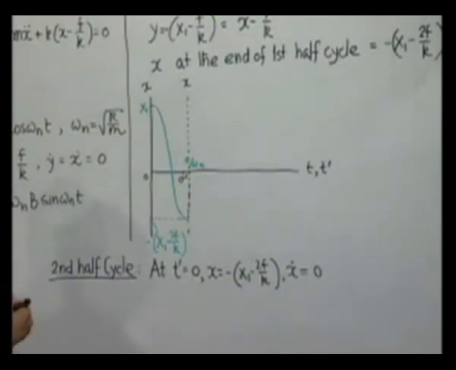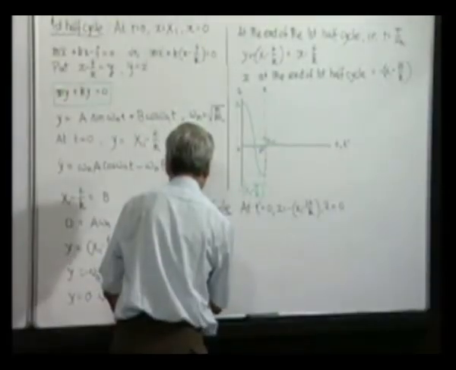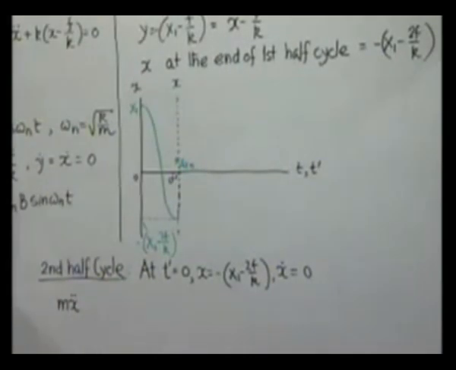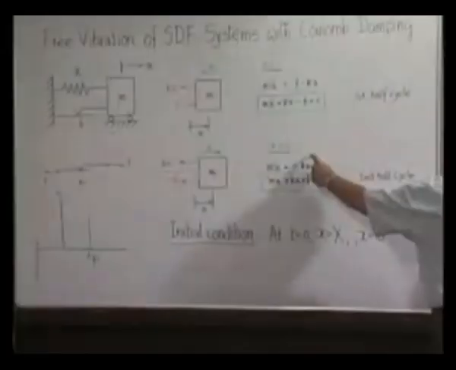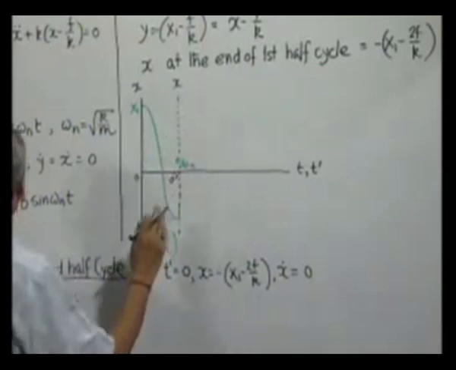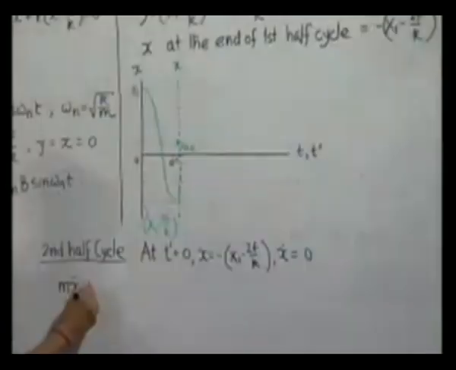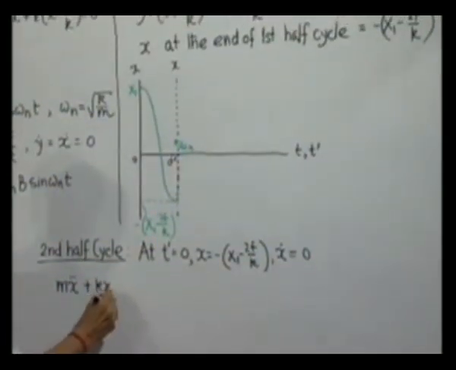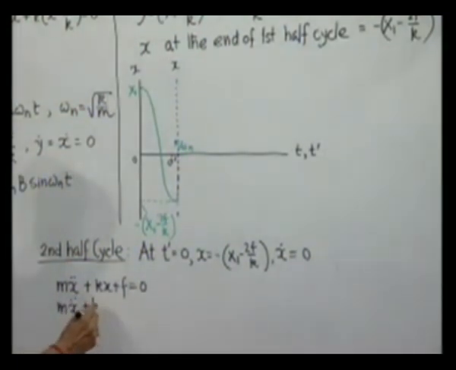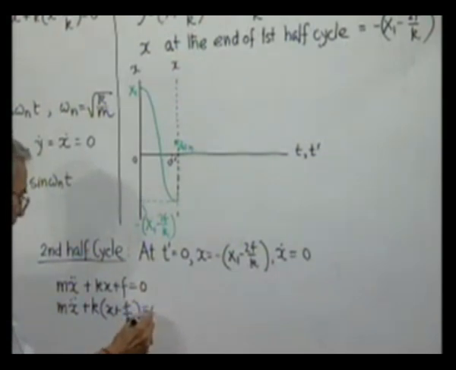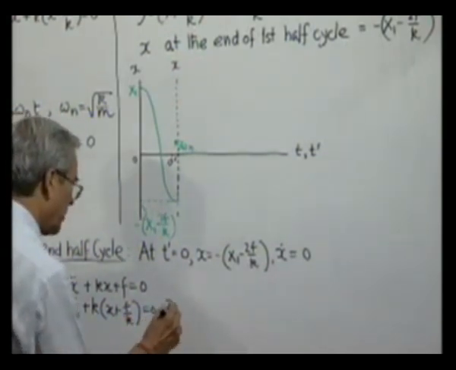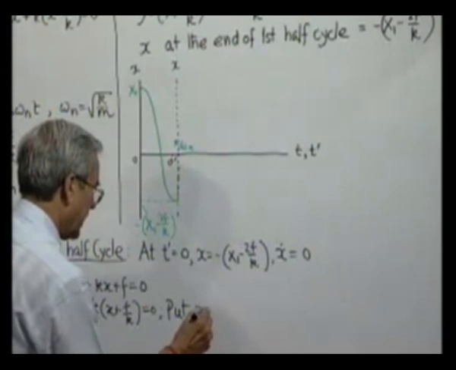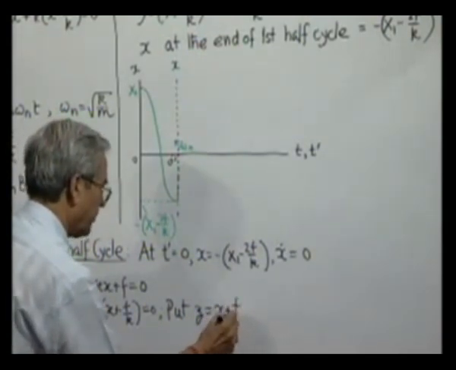We are starting afresh. We start our clock at this time. What is the equation of motion? m x2 dot, now when x dot is greater than 0, because now x is increasing and velocity is positive. So, this will be the equation of motion. We can rewrite it like this, and put a new variable z equal to x plus f by k.